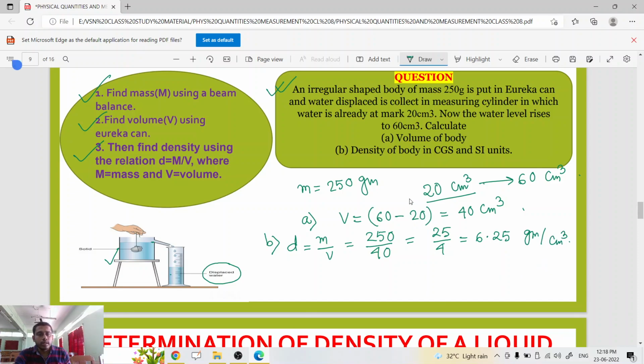And in the SI system, we know the relation between SI and CGS units of density, so in SI unit D is equal to 6.25 into 10 to the power 3 kg per meter cube. I think all of you understand the problem. It is the simple formula D is equal to m by v, and we use it to find the density of this irregular shaped body with the help of the eureka can.